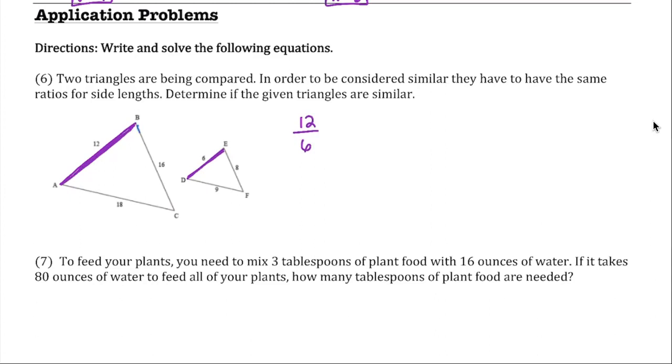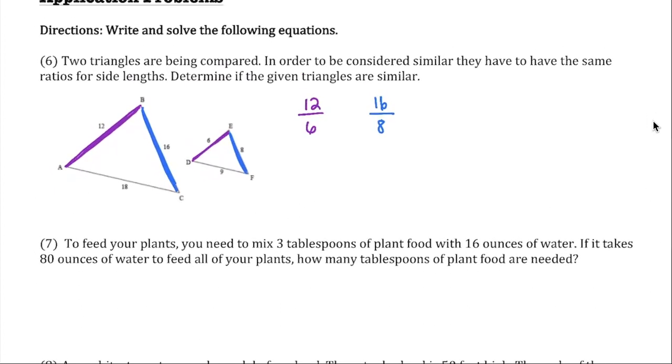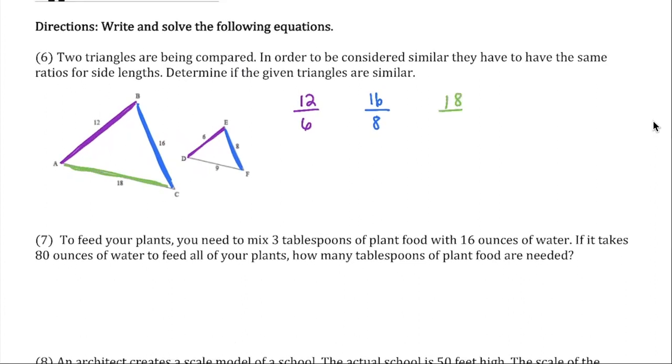If I look at my next one, BC here, this one has a side length of 16. And the one in the location on the other triangle is going to be 8. And then the last side, let's see here, this one is going to be a side length of 18. And then in my smaller triangle, that one is going to be a side length of 9.